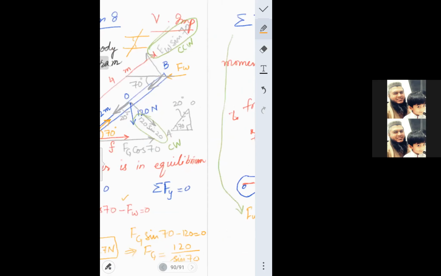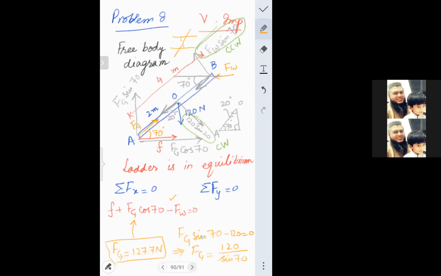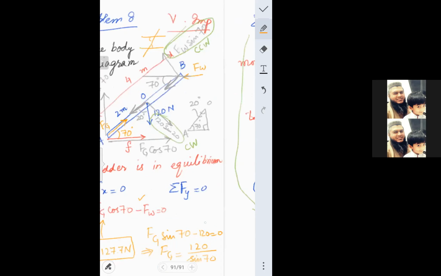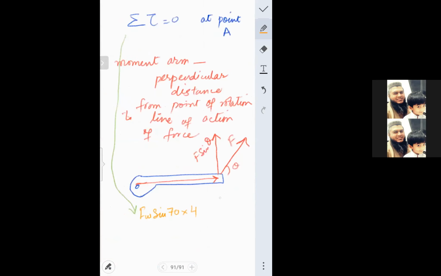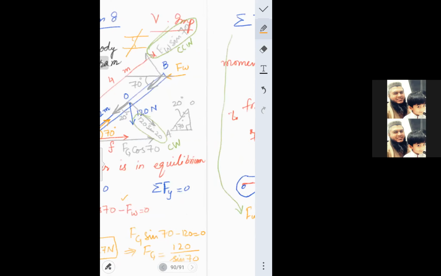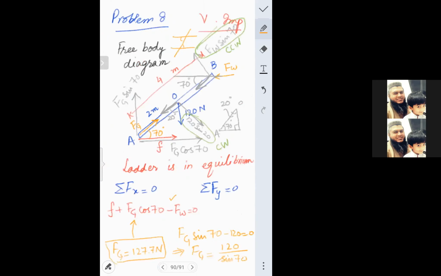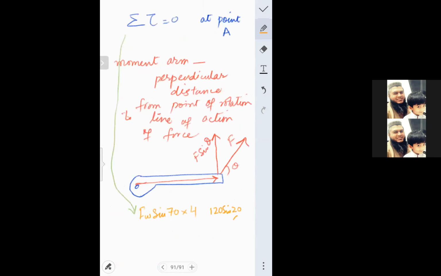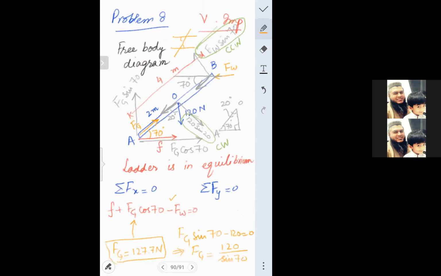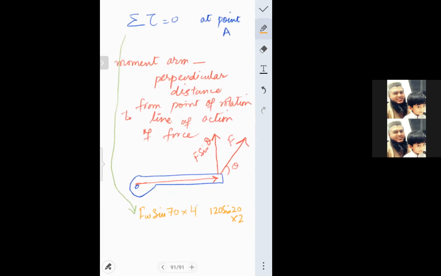Then there's force of 120 sine of 20, and its torque will be 120 sine of 20 into 2 because it is at a perpendicular distance of 2 from A. And since it is producing a clockwise torque, it will be negative. And sum of both will be equal to 0.